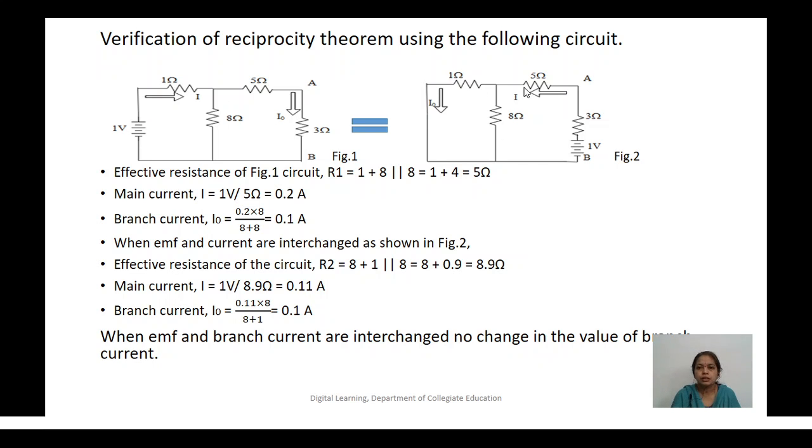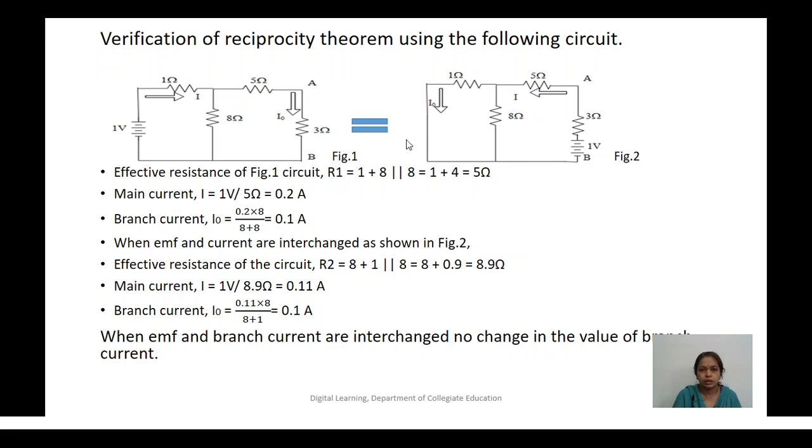Now we will retain the resistances in their places, 1 ohm, 8 ohm, 5 ohm and 3 ohm, as they are. We will change the position of the battery and the branch current. Wherever the branch current I naught was, there the battery is placed, and wherever the battery was, there the branch current I naught is taken.